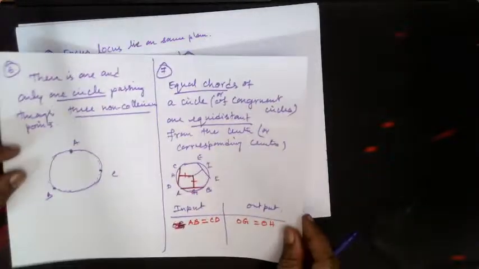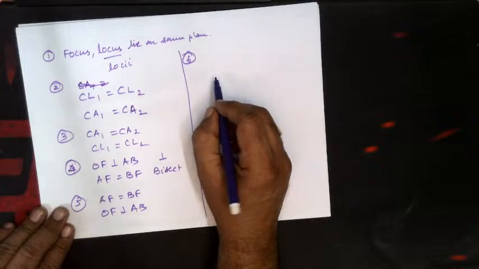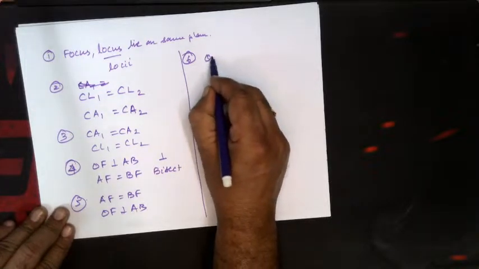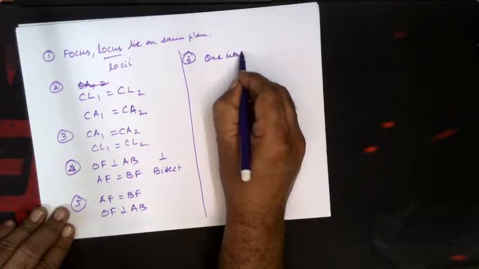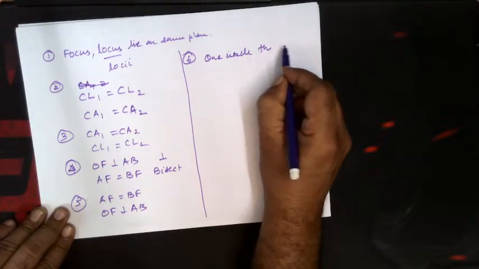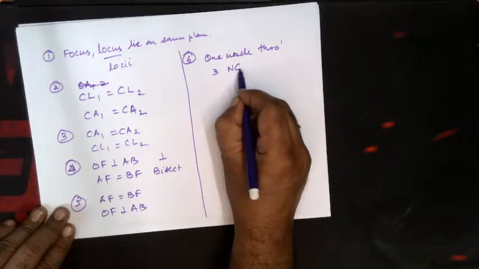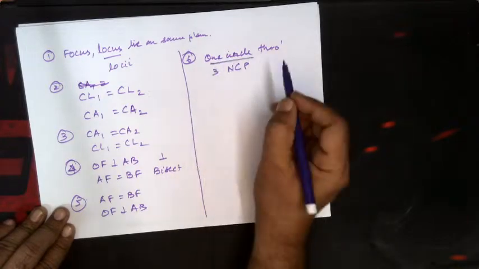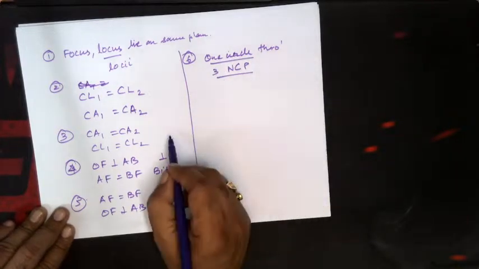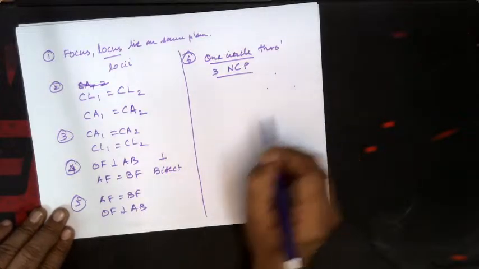There is only one circle possible through three non-collinear points. So here we talk about one circle through three non-collinear points. Don't forget this. Only one circle is possible through three non-collinear points, like this.